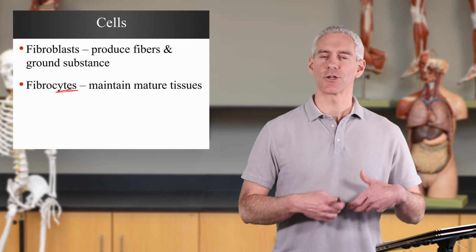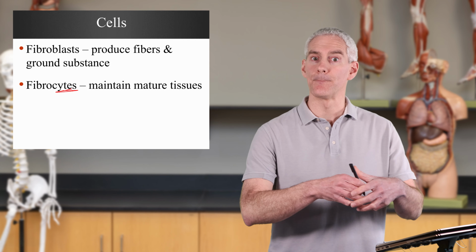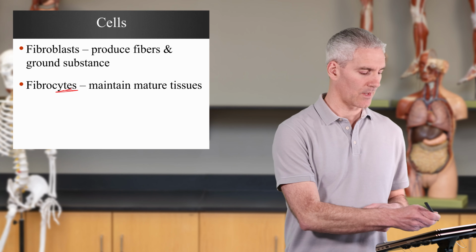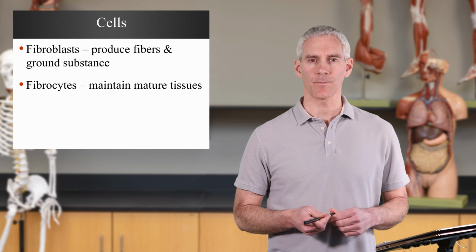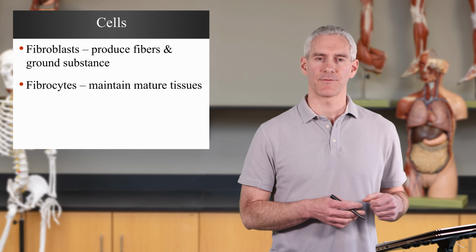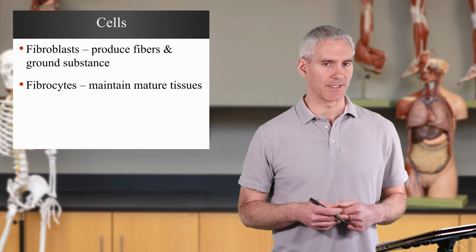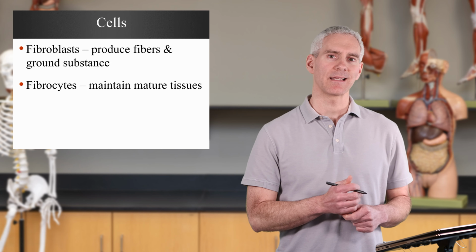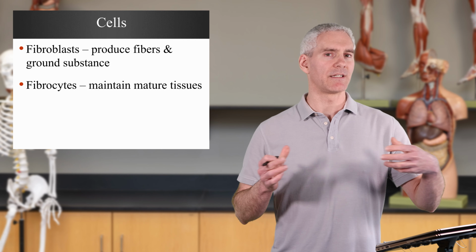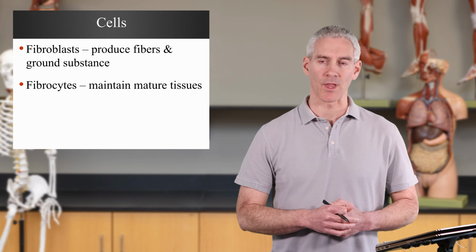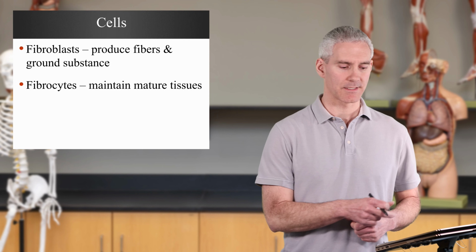They're maintaining, they're keeping the tissues healthy. They're monitoring the tissues. So fibrocytes are more the adult cells. And we're going to see other different cells that have this blast and cyte. But fibroblast and fibrocyte, that's just the generic cells across the entire connective tissue.